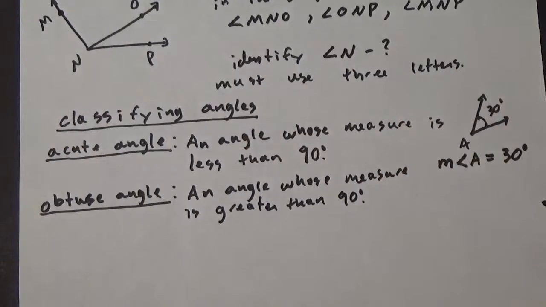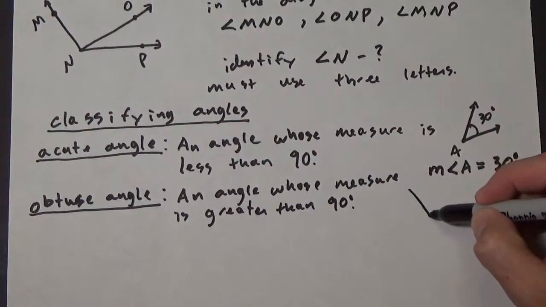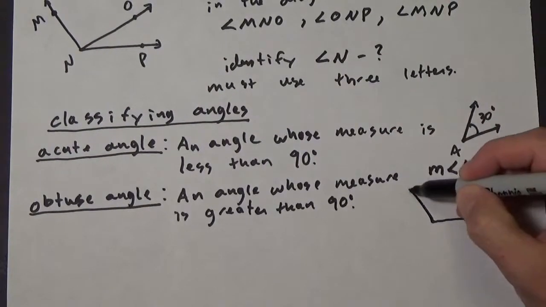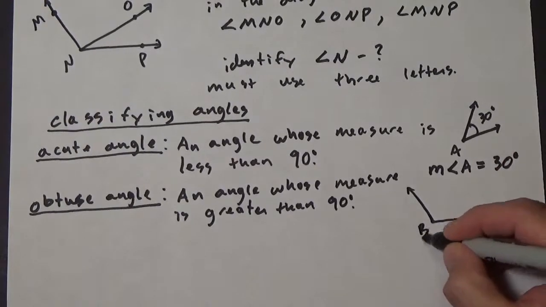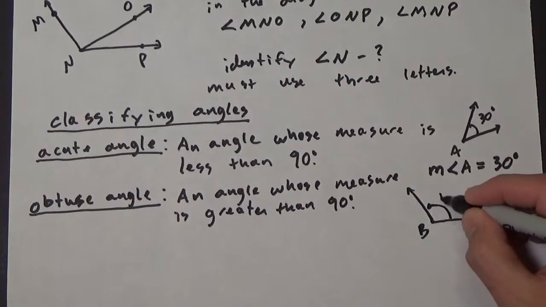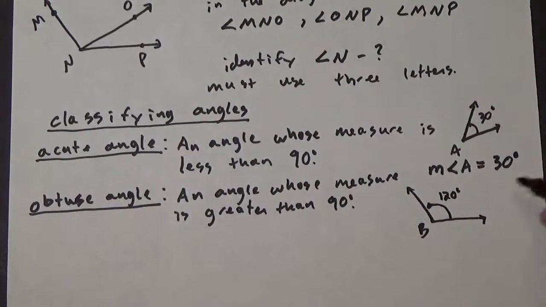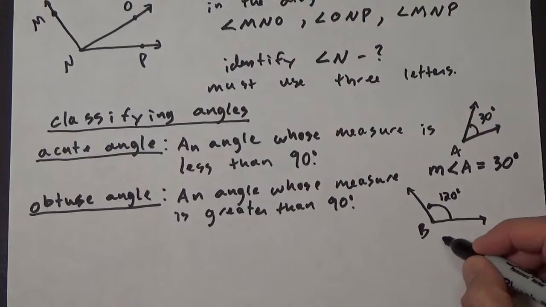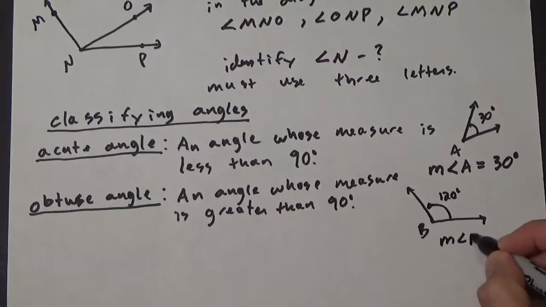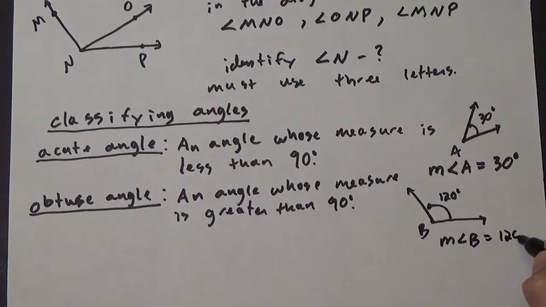An example of this would be, let's say this is angle B, this is 120 degrees, and so the measure of angle B equals 120 degrees.